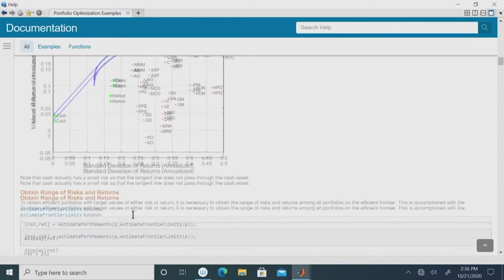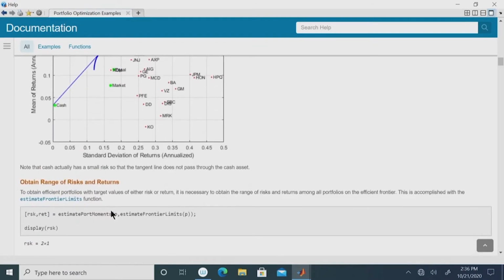That means you either pre-specify the level of risk that you are willing to take, or the return that you are expecting, and it is necessary to obtain the range of returns and risks amongst all the portfolios. To accomplish this, we use what is known as the estimate frontier limits function.